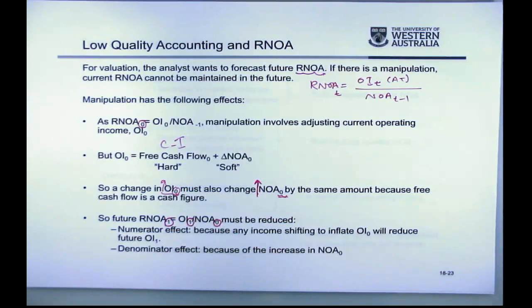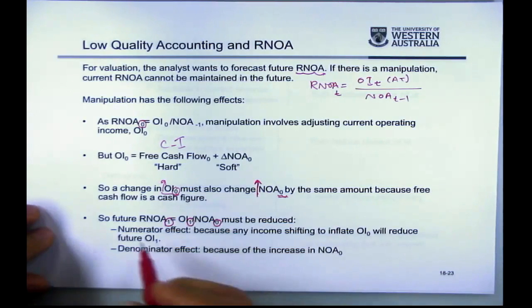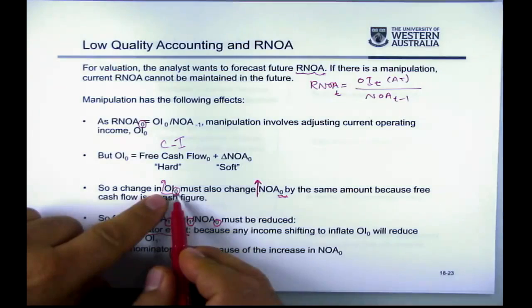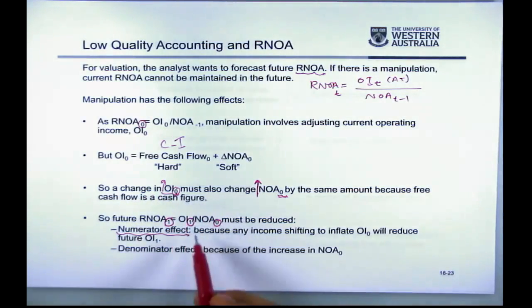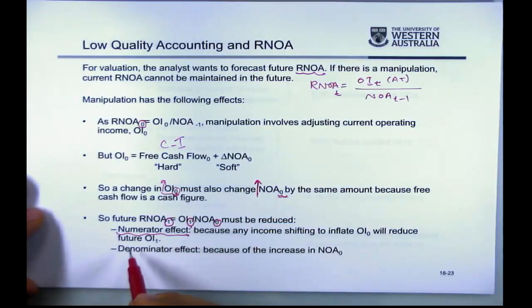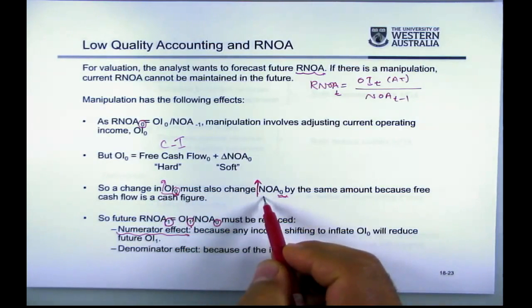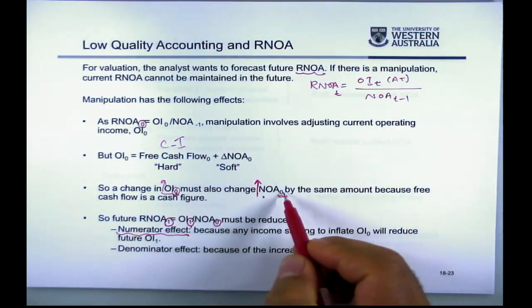Why is that? Because of two effects. The first one is the numerator effect. Inflating current operating income will reduce next year's operating income because of the reversal property. And remember that inflating current income will be associated with an inflation in the net operating assets at time 0.